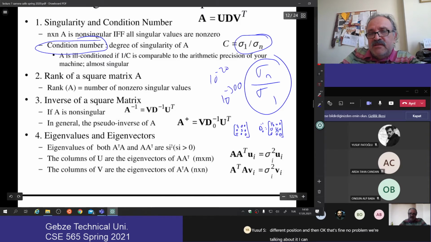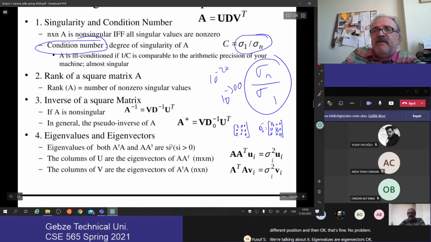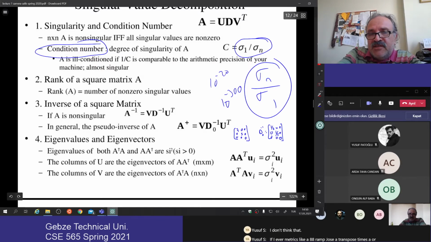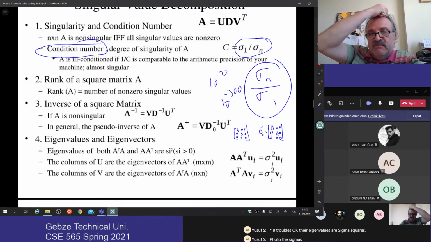Eigenvalues and eigenvectors. If I have a matrix like A transpose times A, or A times A transpose, their eigenvalues are sigma squares for all the sigmas greater than 0. Okay, that's the rule.